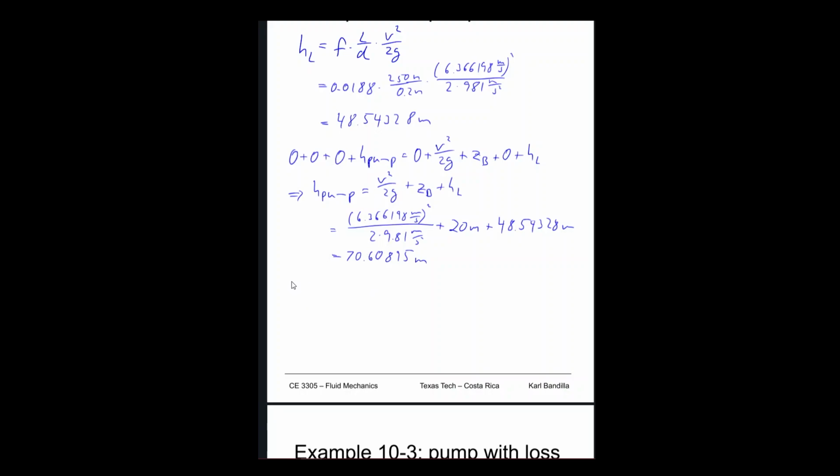So then we can say the power of the pump, W_pump, is gamma times Q times h_pump. We're not given gamma, so rho times g times Q times h_pump. That is equal to 997.1 kilograms per cubic meter times 9.81 meters per second squared.